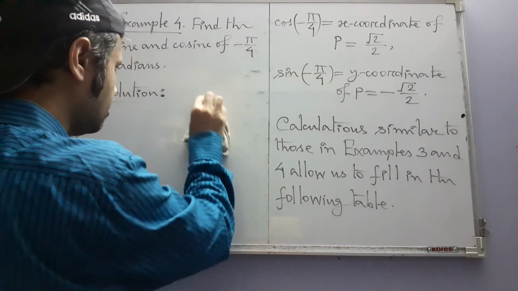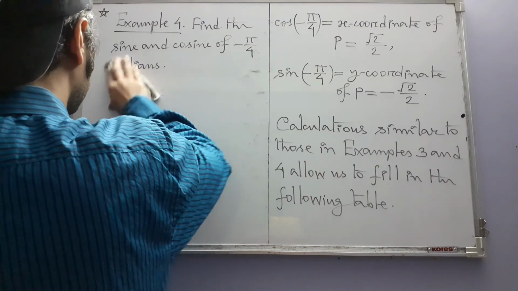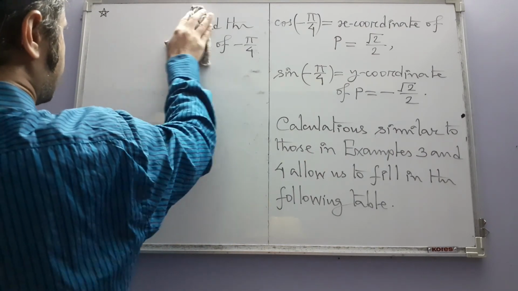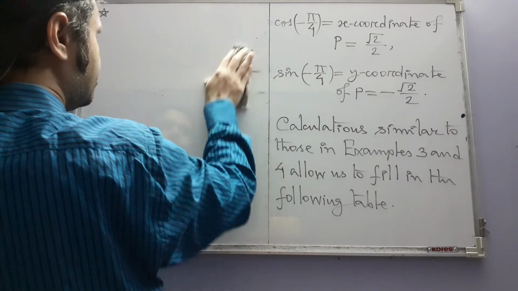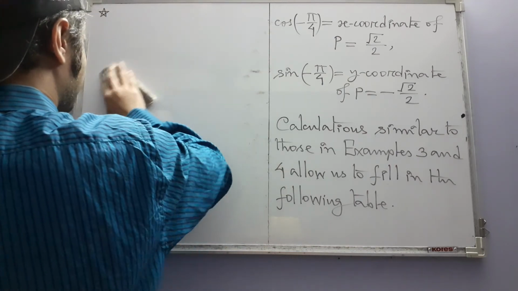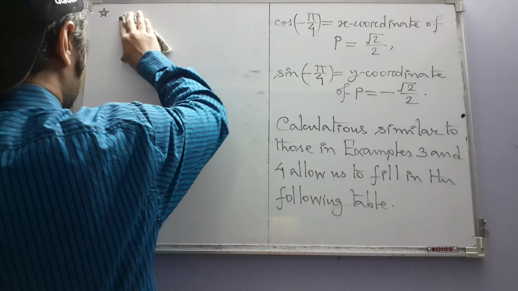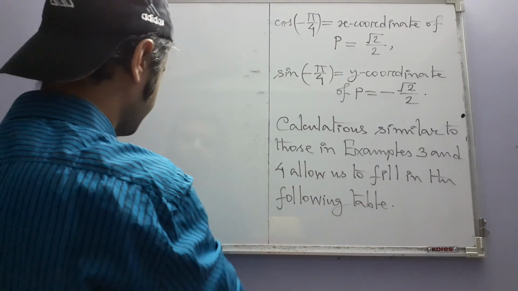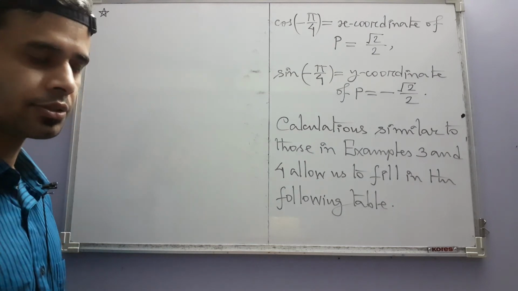Now, because we already know a similar table for the trigonometric functions in the acute angle case, to justify this table, we are going to include some negative angles also.